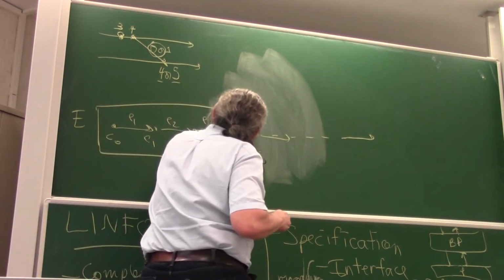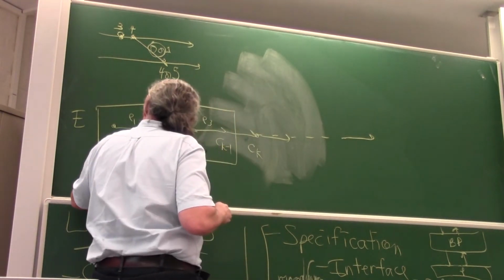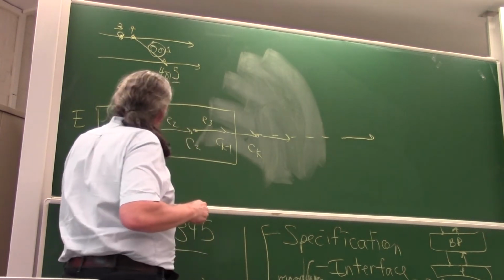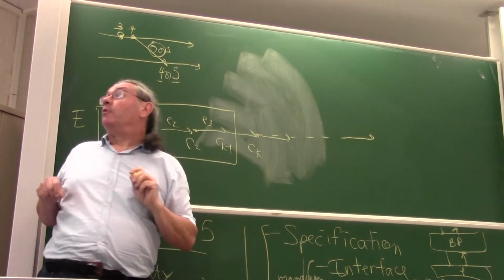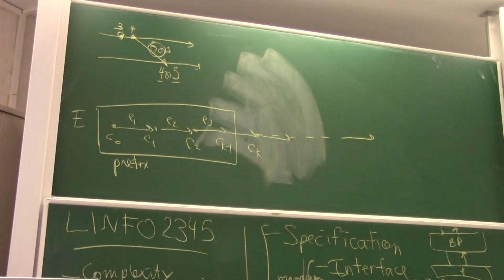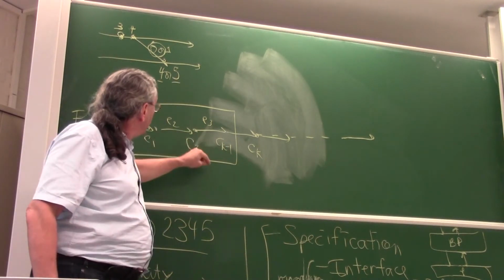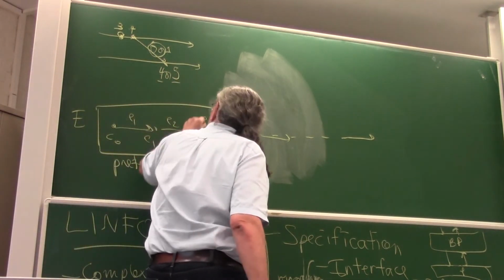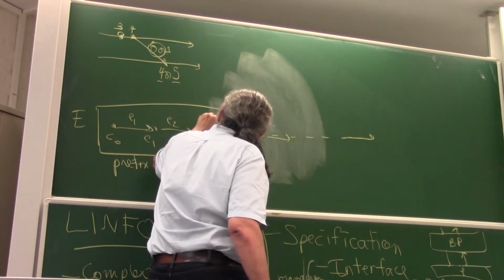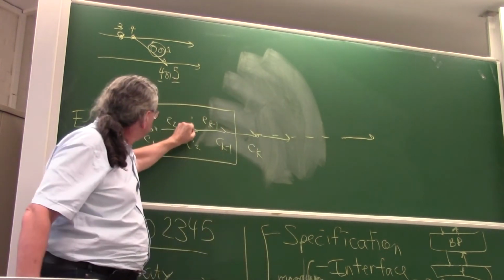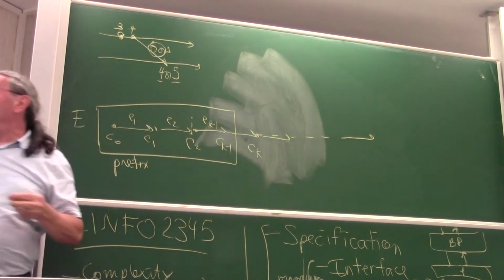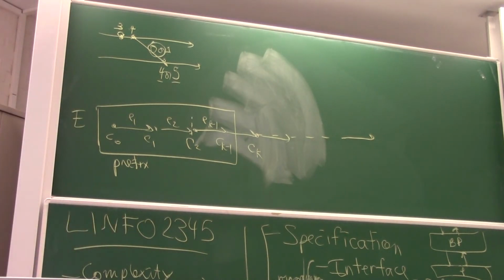This is a prefix: the beginning of an execution up to some point, with the events. So the C's up to C_{k-1}, and the events up to E_{k-1}. There's other stuff after; you cut off the tail. So it's the first part of the execution.